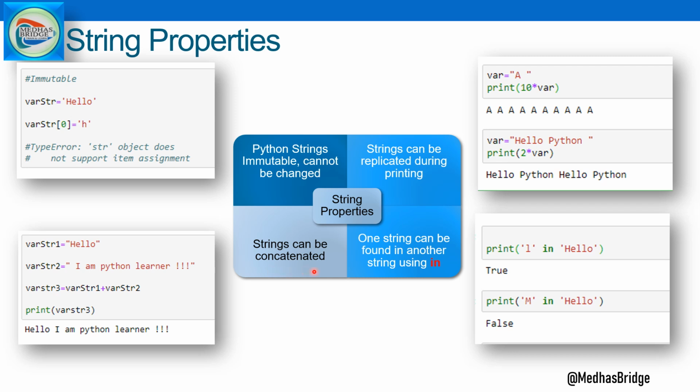Strings can be concatenated using the plus operator. String 1 and string 2 get concatenated. The output would be the concatenated strings. One string can be found in another string using in. If it finds it, it will return true, or else it will return false.